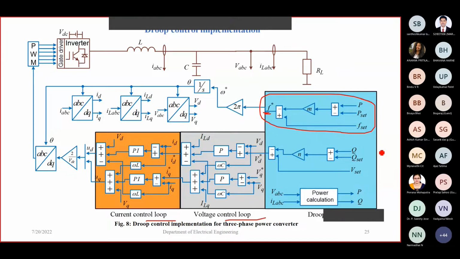Similarly, from equation 22, the relation between V and Q. By using these group laws, I am fixing the reference values so that they can operate in parallel. It is simple. If you understand the voltage control loop and current control loop, then you can easily implement the group control for the inverters.